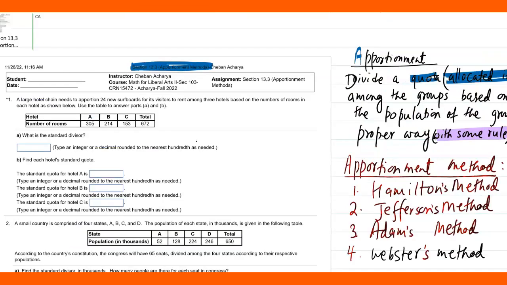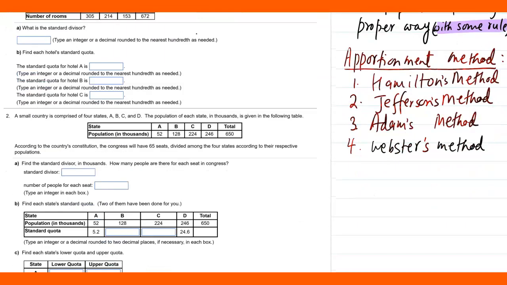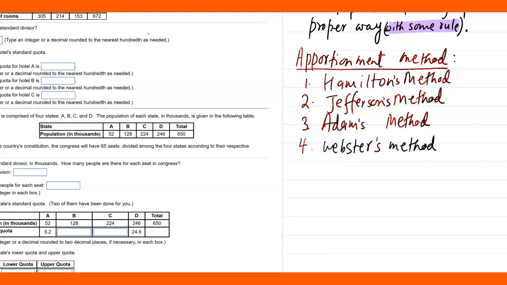Now to do the apportionment, we have to define 2 terms called standard divisor and standard quota.